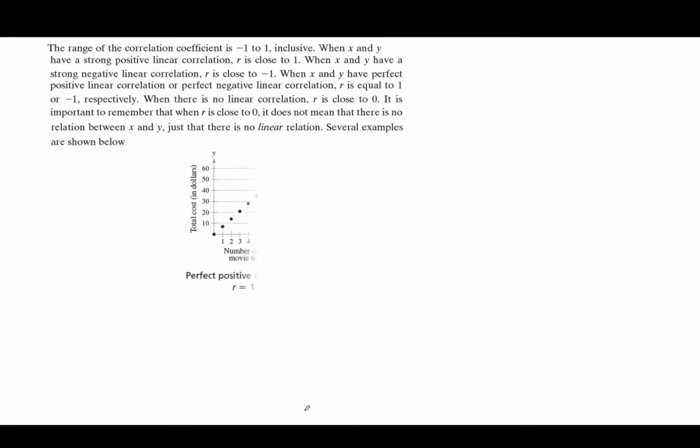But you might find another type of relation between them. These are the examples that we saw. Perfect positive correlation, strong positive correlation.